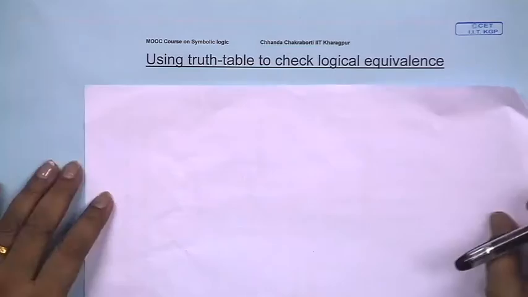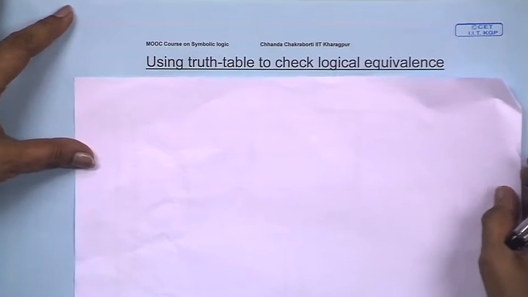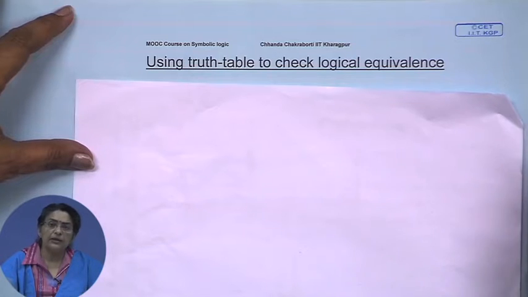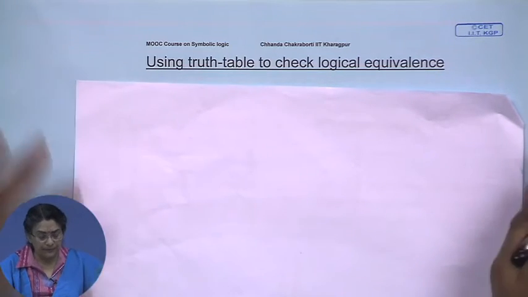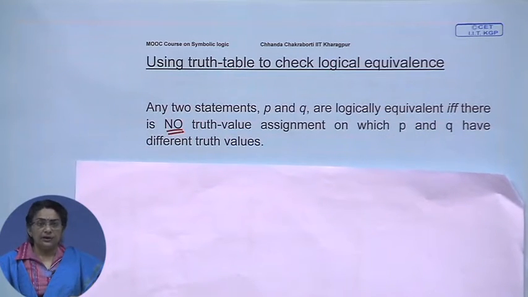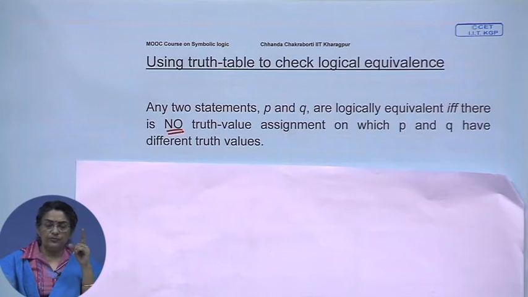So, the first task is finding out whether two given propositions, or two given propositional forms, are logically equivalent or not. Let us remind ourselves what logical equivalence means. If you remember the triple bar truth table, whenever the values match, the triple bar comes out to be true.